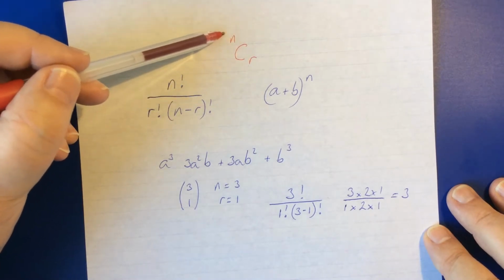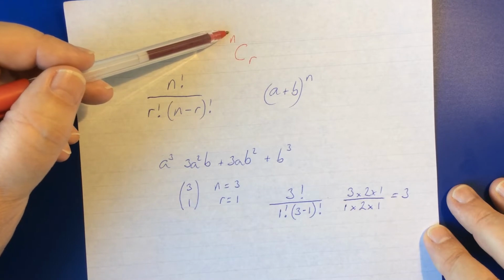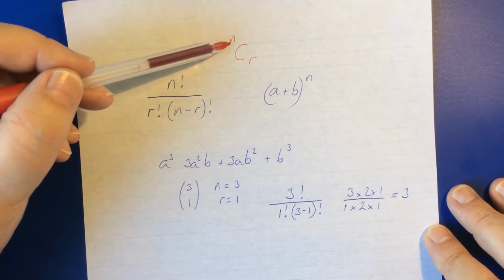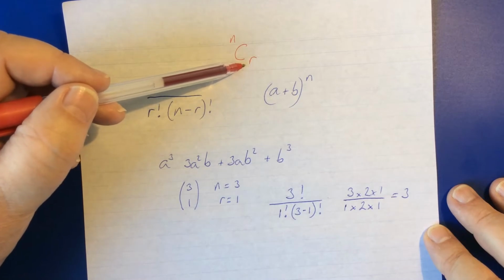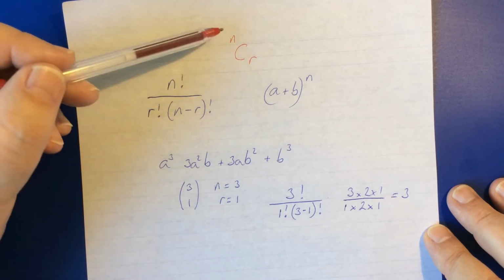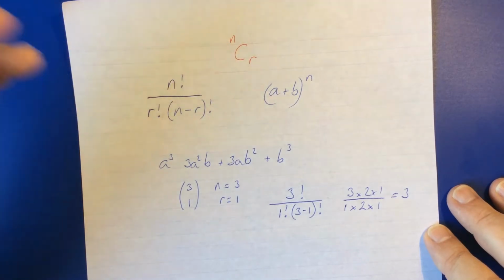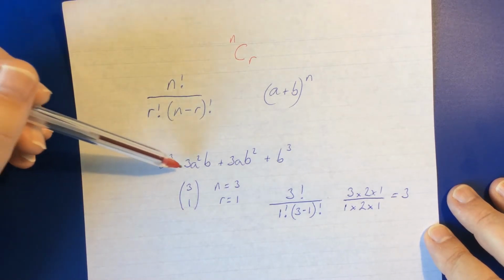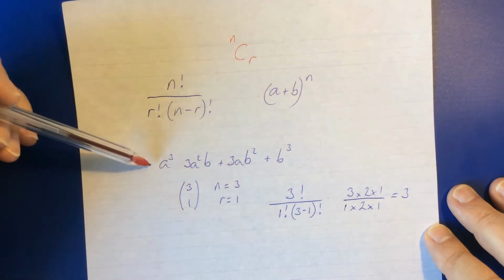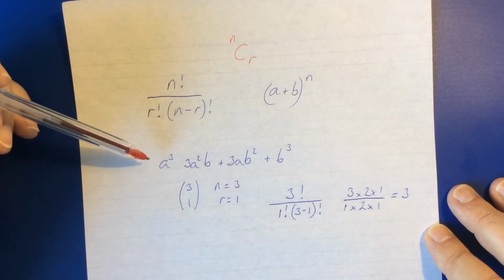N being the range of a set that you might choose from, and r being the number that you want to choose from that set, and it sets out the possible combinations. So how does this apply to binomial theorem? Well, it allows you to generate these coefficients, but it is a bit more laborious.